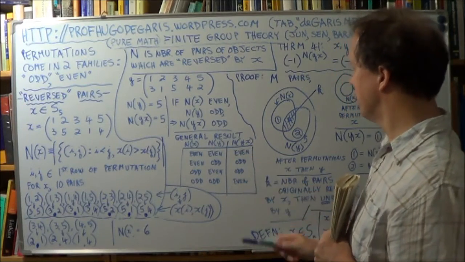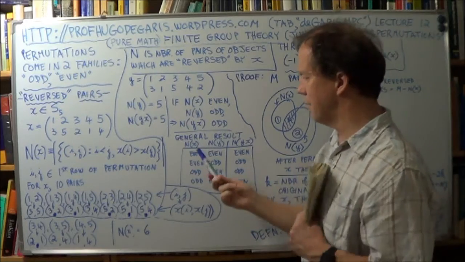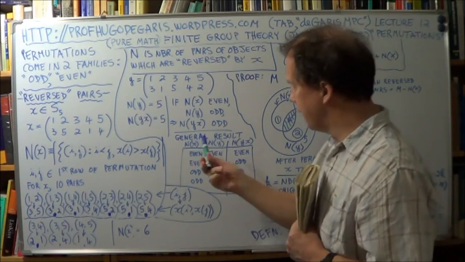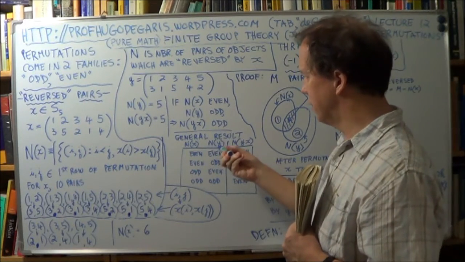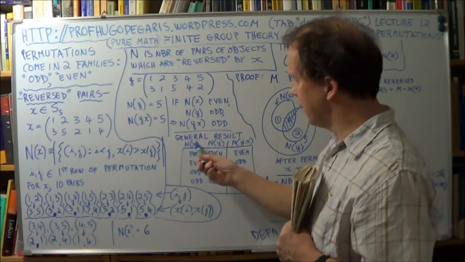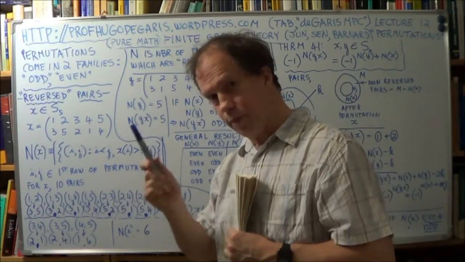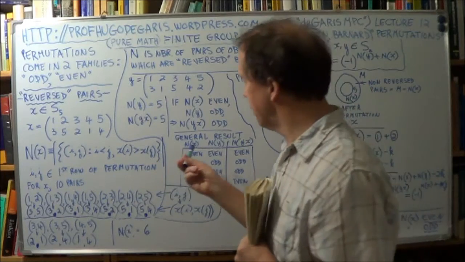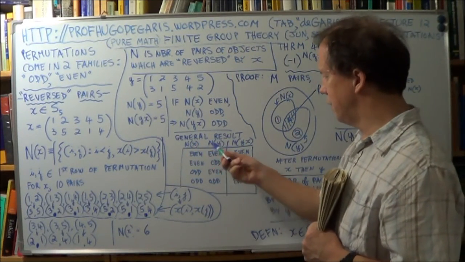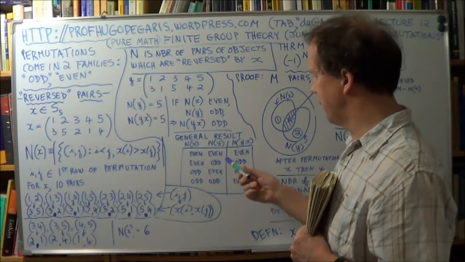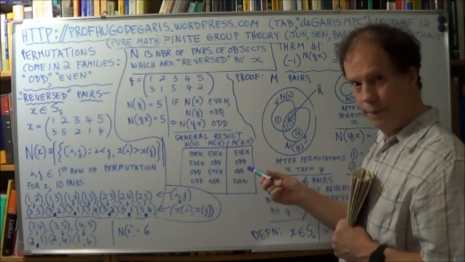Now, that's a general result, and here I'll give the proof. It's theorem 41. So, if you have a permutation x and another one y, and n of x, remember n is the number of reversed pairs for that permutation x, is even and n of y is even, then n of xy is even, okay?